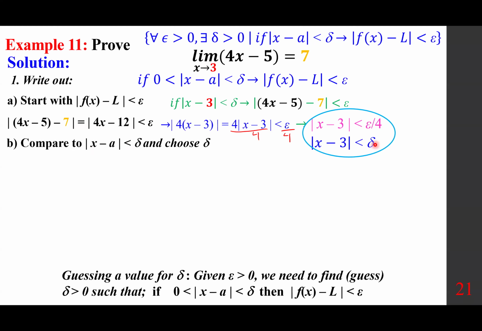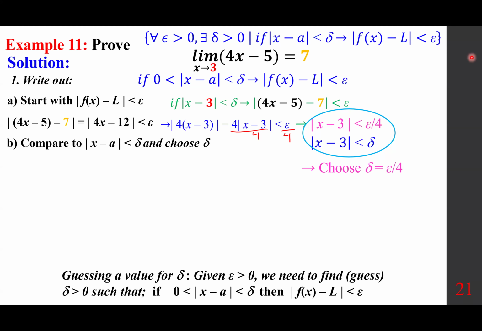We can choose delta to be epsilon over 4. And believe it or not, that's all that matters. You want to find a relationship between delta and epsilon, both of which are extremely small numbers.